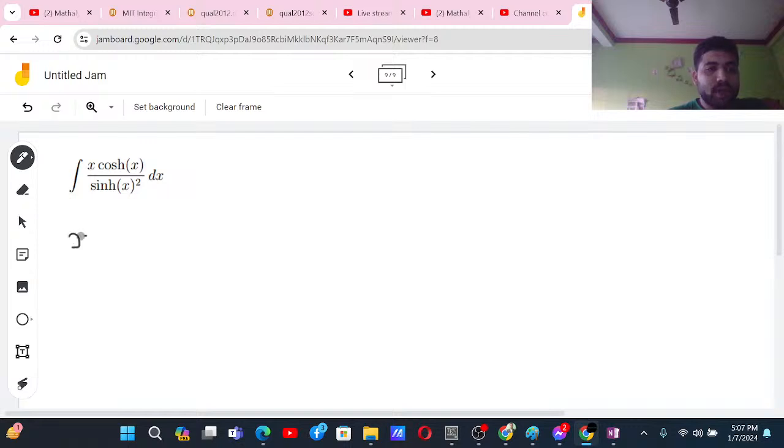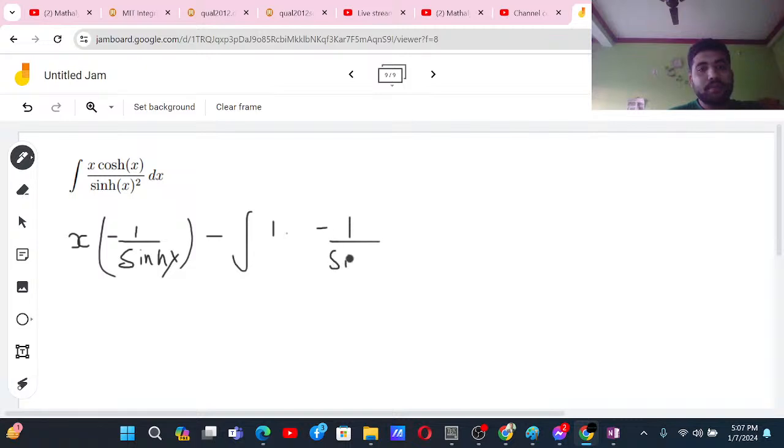So x, and the integral of this thing will be, this is cosech square x, so minus 1 by sinh x. Minus 1 by sinh x, and now x goes to 1 by derivative, and this is minus 1 by sinh x dx.